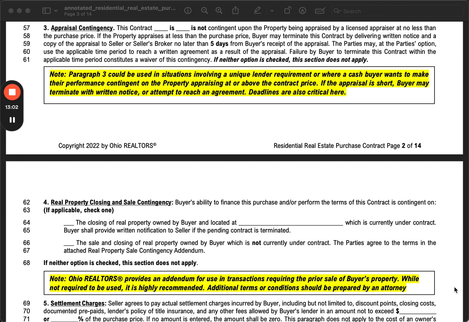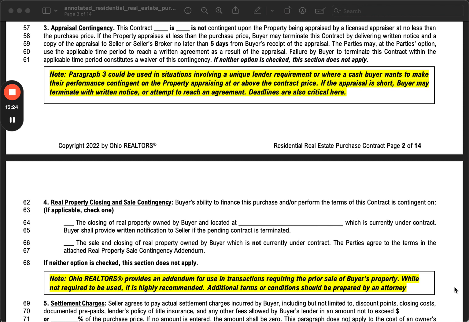The buyers may, at the party's option, use the applicable time period to reach a written agreement as a result of the appraisal. Failure by the buyer to terminate this contract within the applicable time period constitutes a waiver of this contingency. If neither option is checked, this section does not apply.